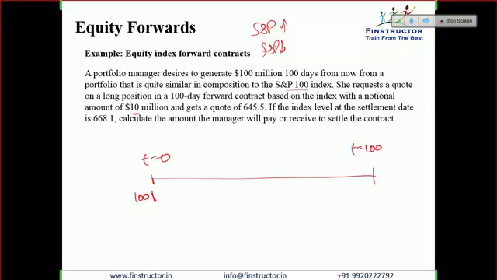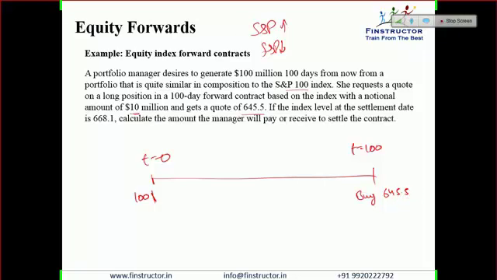So what she can do and what she has done is the right thing. She goes into a long position on a 100-day forward contract, and the price that is quoted is 645.5. So she buys, or she agrees to buy the portfolio at a price of 645.5.